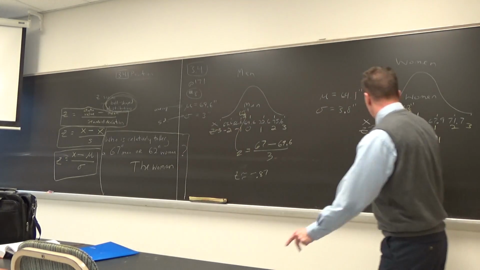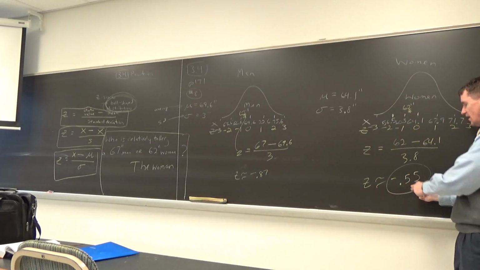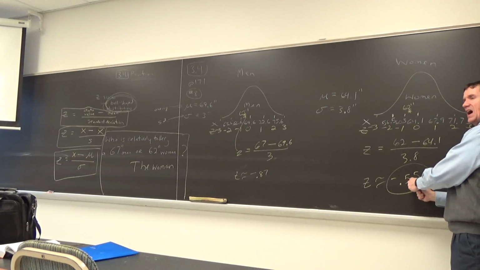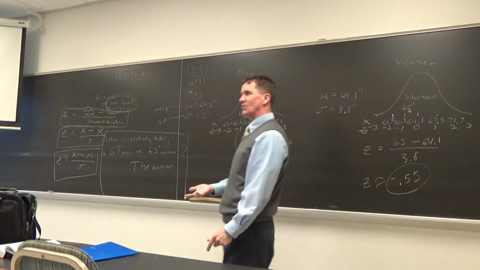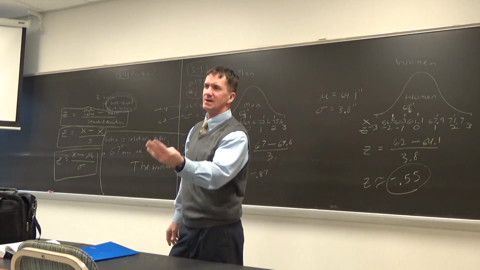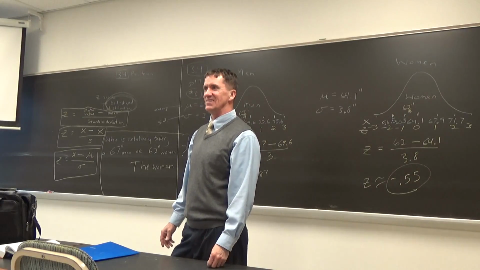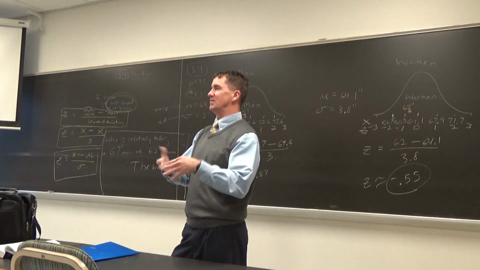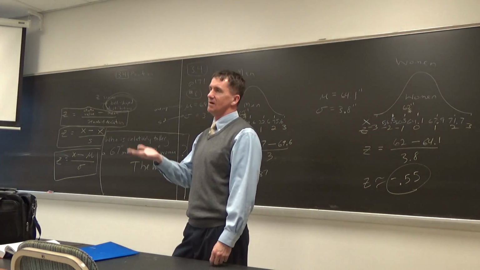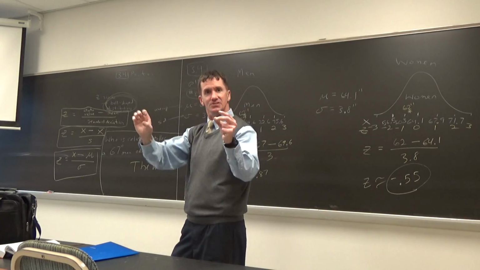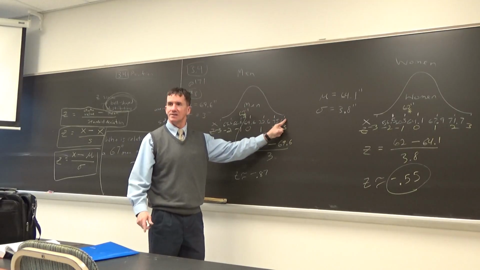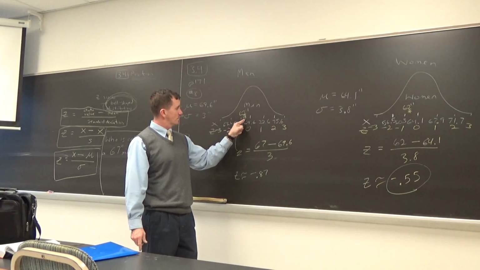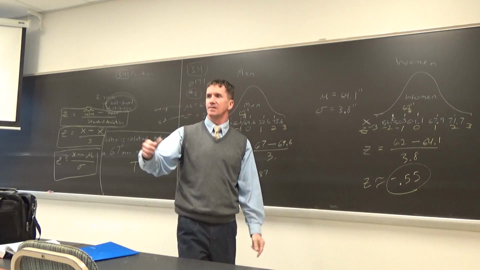So this woman right here, she's roughly close to 0.5 standard deviations below the mean. So when I'm saying 0.55, I'm saying standard deviations, right? Sometimes people think a z-score is like a percent. No. It just represents position, right? You're 1, you're 2, you're 3. You were at negative 0.5, you were located right there.